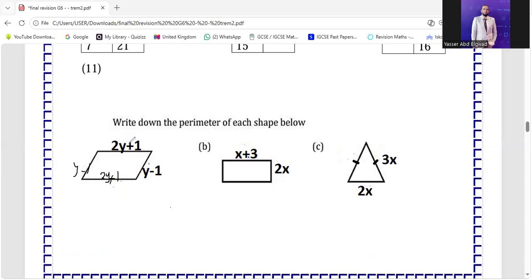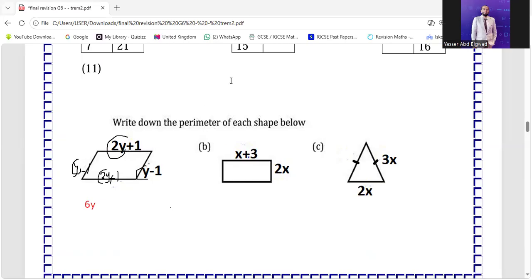And we add them: 2y, y, 2y, and y. 2y plus y is 3y, plus 2y is 5y, plus y is 6y. And here positive 1 minus 1 is 0. Here is the final answer, 6y.